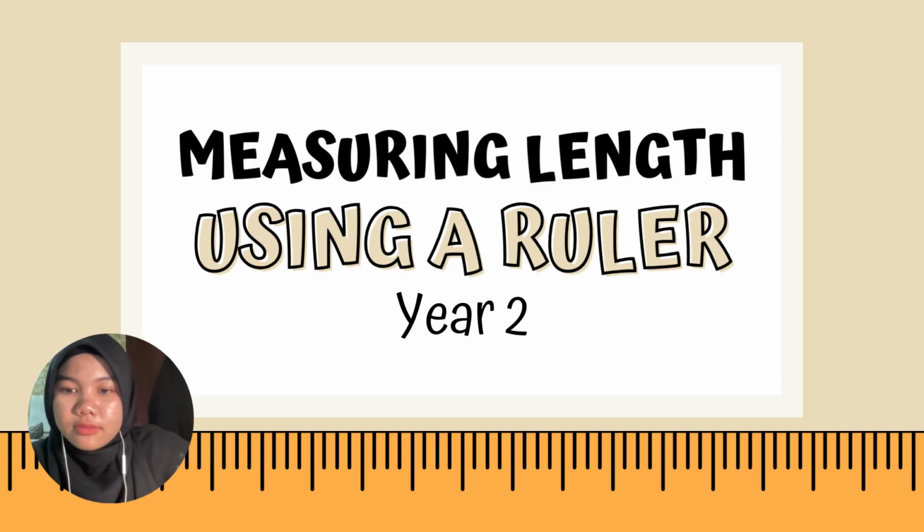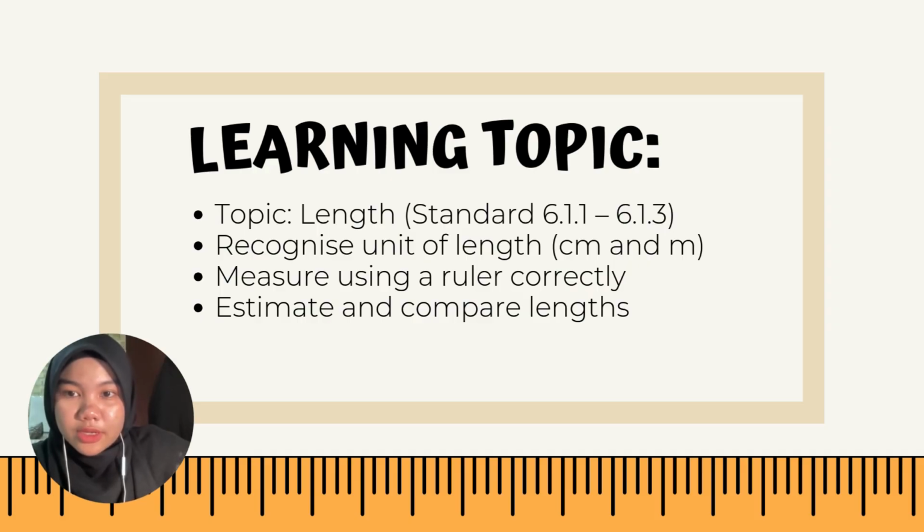In this topic, the length, which is from the DSKP standard 6.1.1 until 6.1.3, recognize units of length and measure using a ruler correctly, and also estimate and compare lengths.